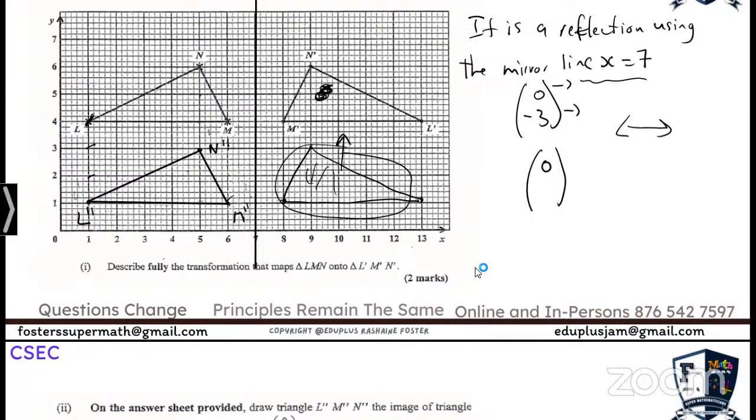I need to go up. What represents up? A positive for the Y or a negative for the Y? Positive, but now we need to figure out how much. So use this point. How much do I go up by to get this point? 1, 2, 3. So it's a positive 3.